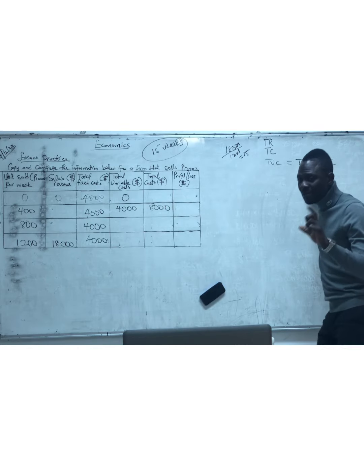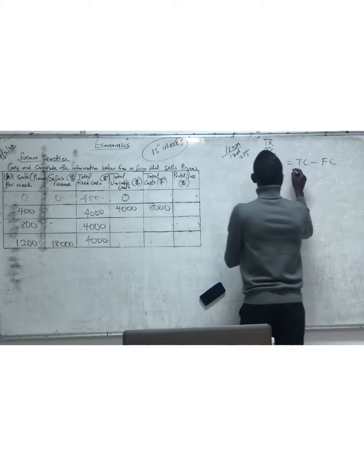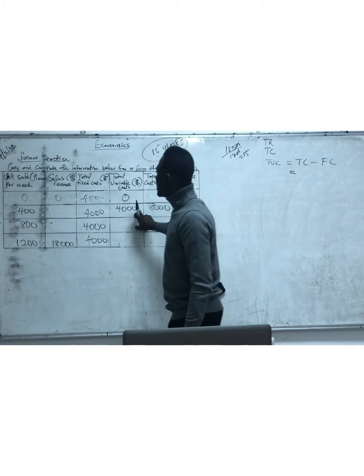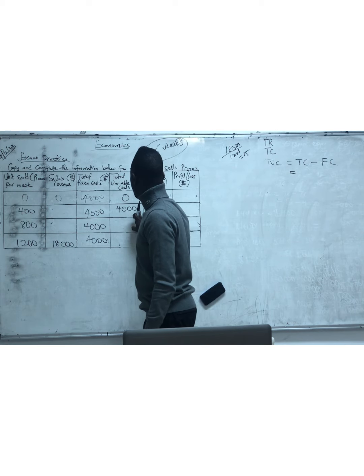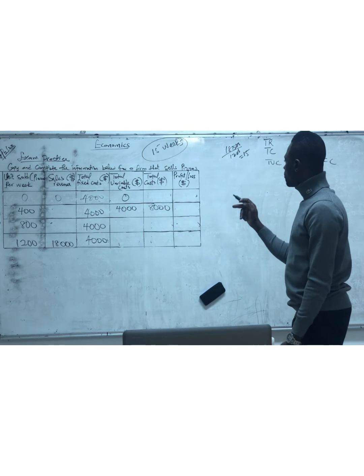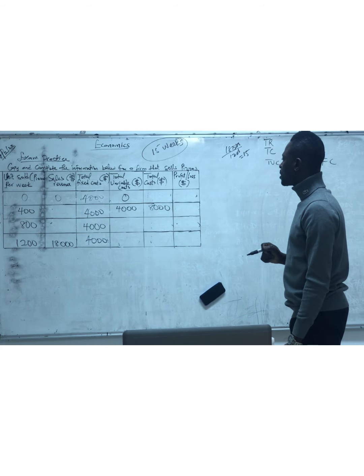This could give you your total variable cost. Another way to get your total variable cost is TVC divided by, let's say, total variable cost. Another way to get our total variable cost.